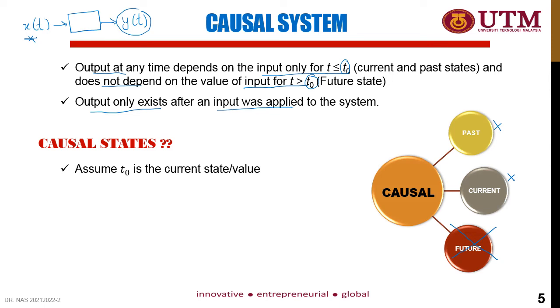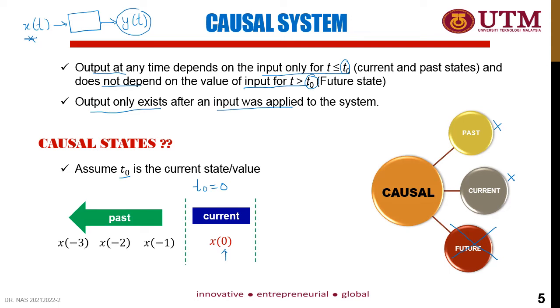To determine whether the system is causal or not, you need to identify a few components inside the equation. Now assume the current state is given as t0. Assume t0 equal to 0. So this is your t0, this is your current state.